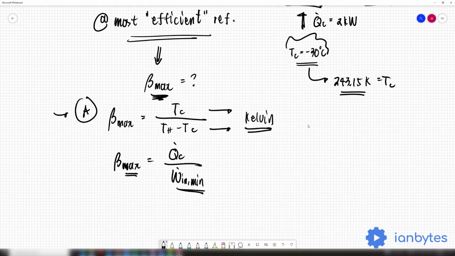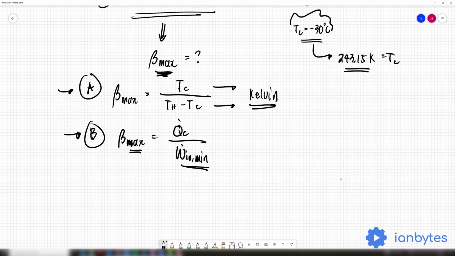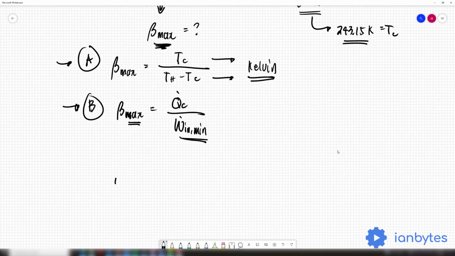So let's call this formula A and this one formula B. Now, using formula A, let's obtain the maximum coefficient of performance beta max. We have TC, which is 243.15 Kelvin, divided by TH, which is 293.15 Kelvin, minus TC.